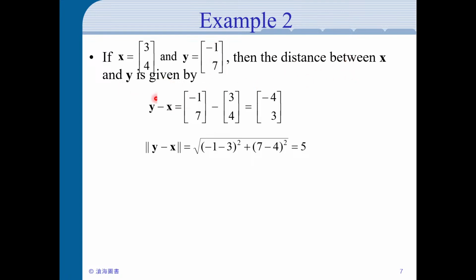The vector from x to y is y minus x, so -1 minus 3 equals -4, and 7 minus 4 equals 3. The length is the square root of 4 squared plus 3 squared, which equals 5. Nice number here.